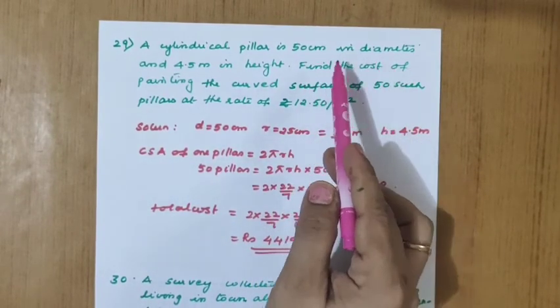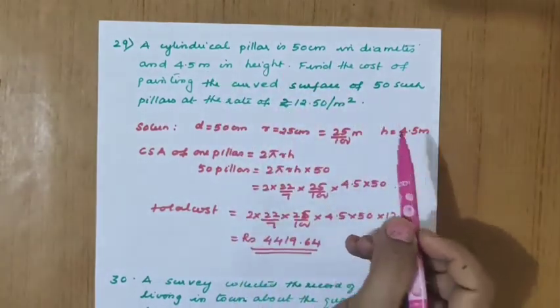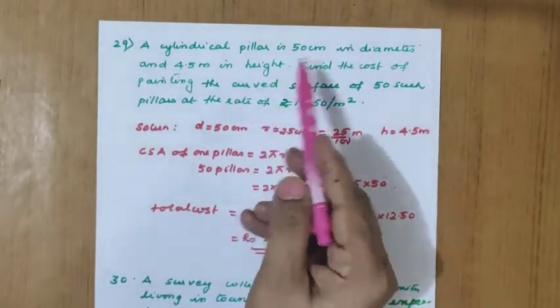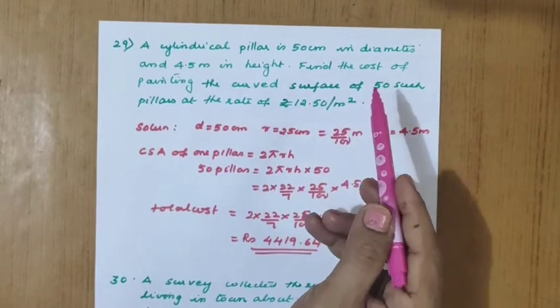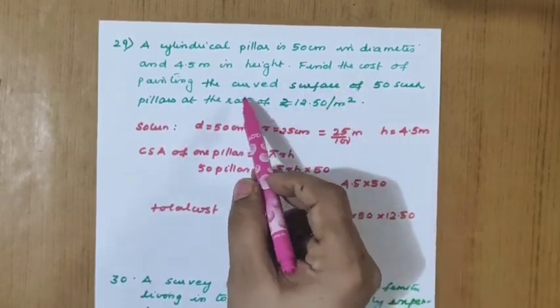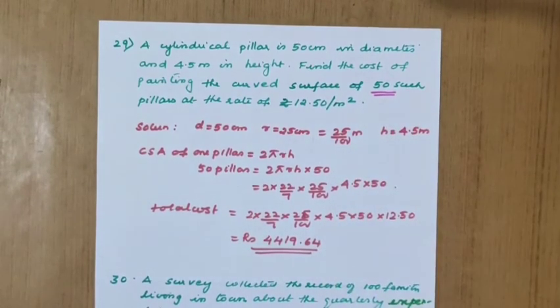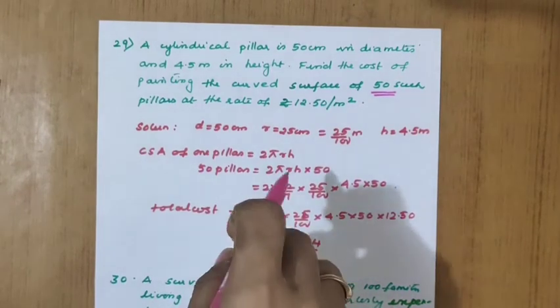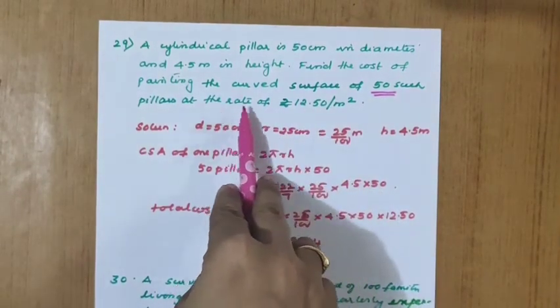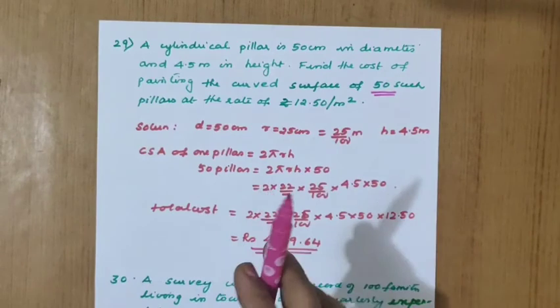That means R we have to calculate, height is 4.5 meters. So again here you can see that the units are not same. And find the cost of painting the curved surface of the 50 such pillars. How many pillars are there? 50. So for that curved surface area we have to calculate, because we have to do the painting at the rate of 12.50 per meter square.